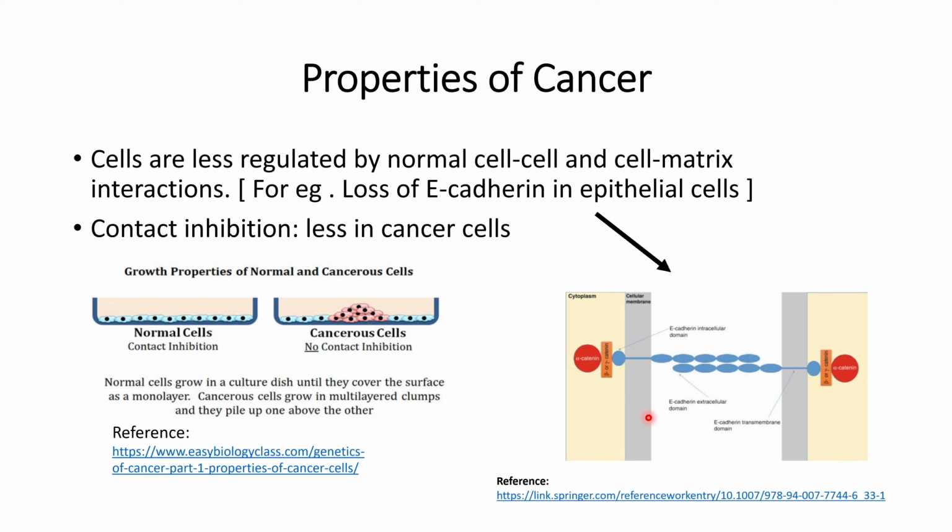And when the epithelial cell becomes carcinoma, this E-cadherin formation gets altered in such a way that it is not secreted at the extracellular membrane, or it is not even being secreted inside the cells. Because of this, the epithelial cell can now move more freely than the normal cell, and that might initiate the metastasis.